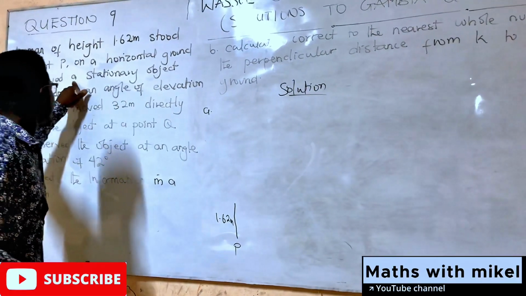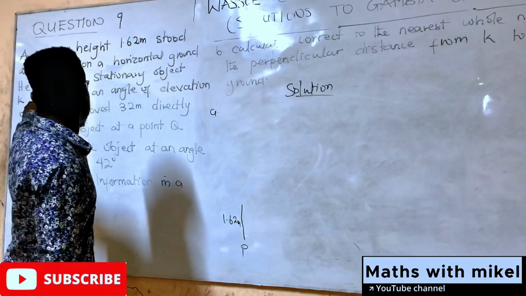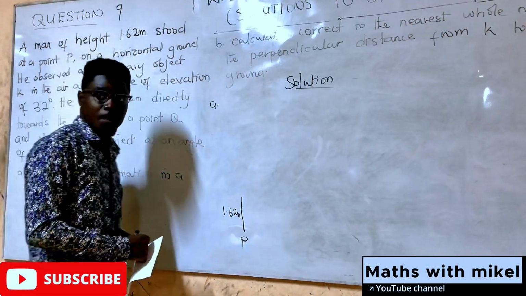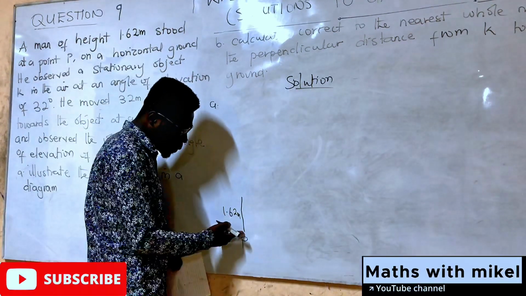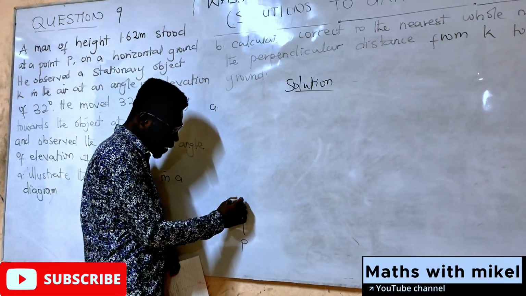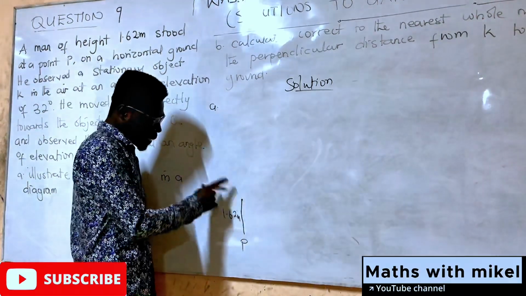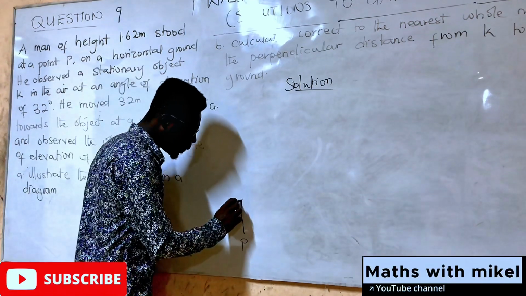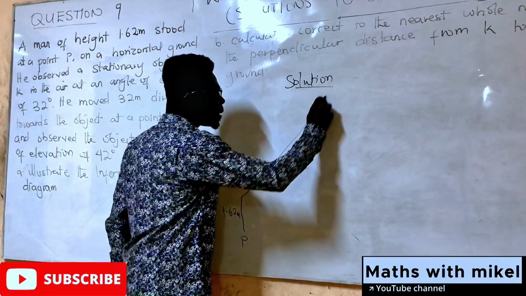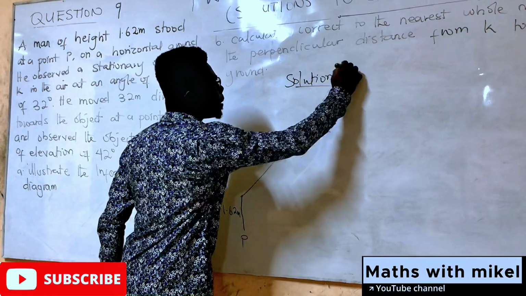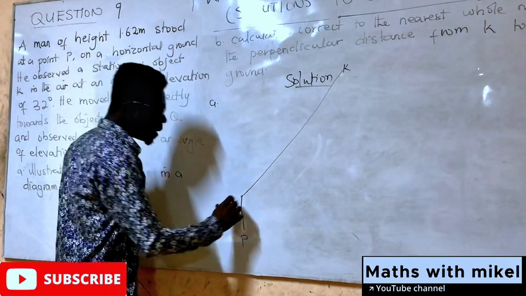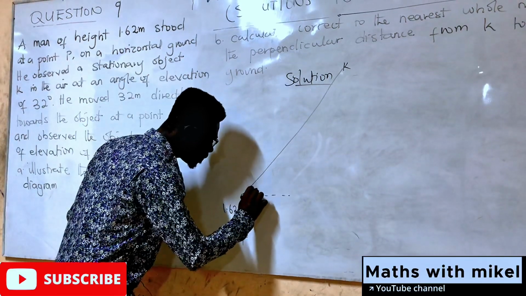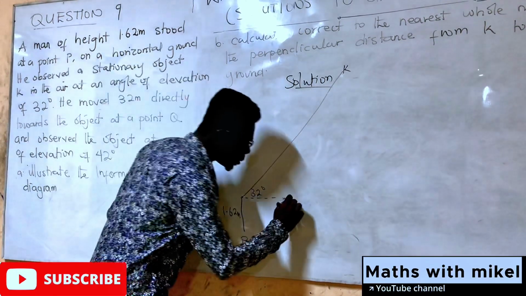He observed a stationary object K in the air at an angle of elevation. Now the angle of elevation is not going to start from this side, but from this side, because if the man is standing, the eyes is at this point. So the angle of elevation to a point K. So let's say K is here, and the angle of elevation is 32 degrees.